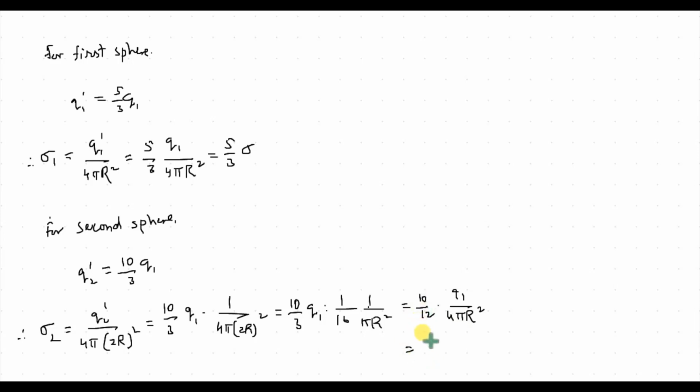So 10 by 12 is 5 by 6, and this is sigma.